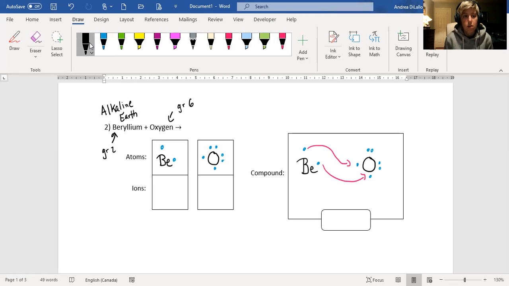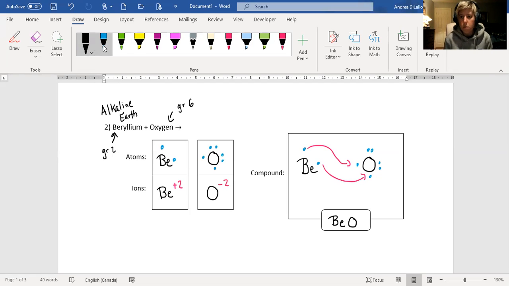As a result, the ionic charge for beryllium is Be plus 2 because it lost 2 electrons. The ionic charge for oxygen is O minus 2 because it gained 2 electrons. So the compound that's formed is beryllium oxide, BeO.